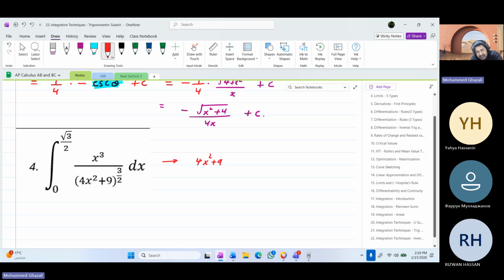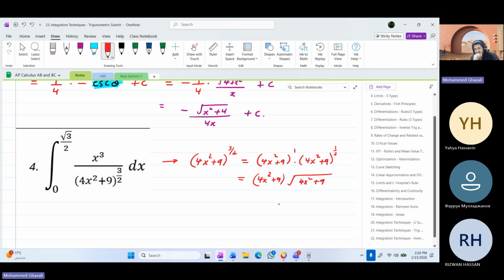4x squared plus 9 to the power 3 over 2 can be split up as 4x squared plus 9 to the power 1 times 4x squared plus 9 to the power half. When we multiply the same bases, we add the powers. So this is the same thing as saying 4x squared plus 9 times the square root of 4x squared plus 9.